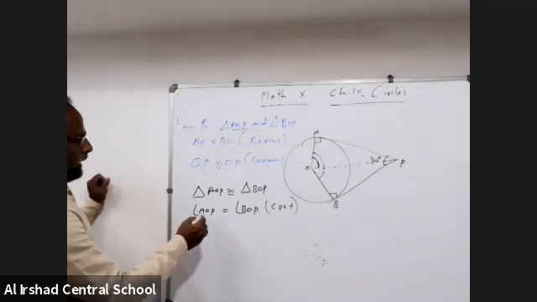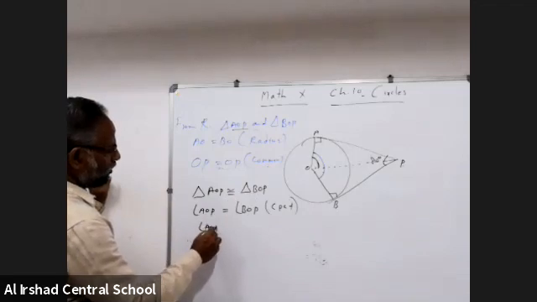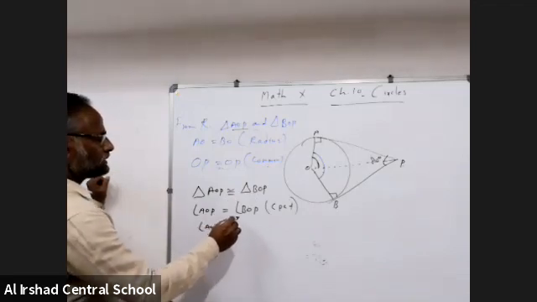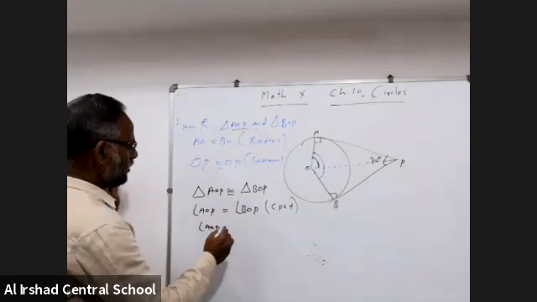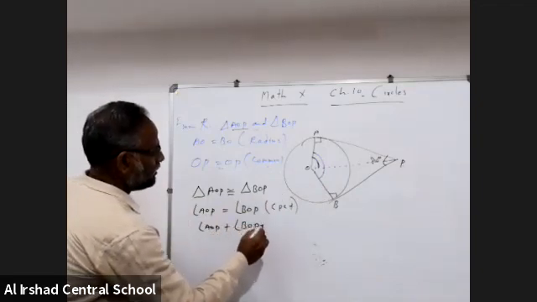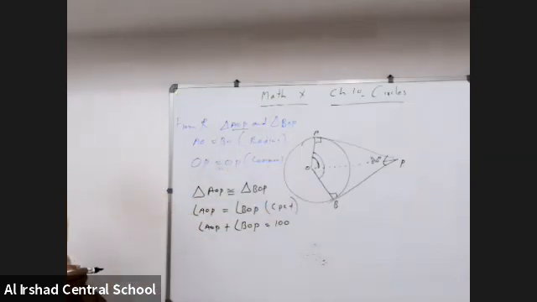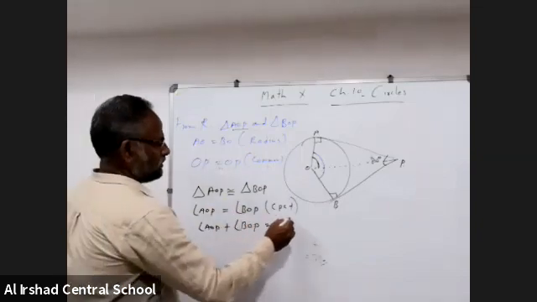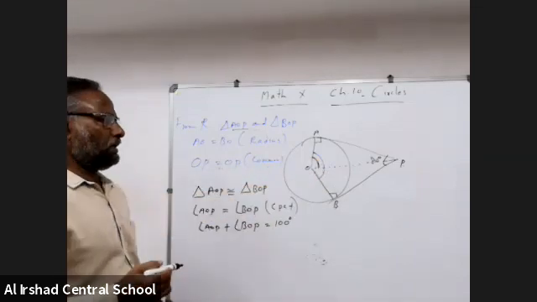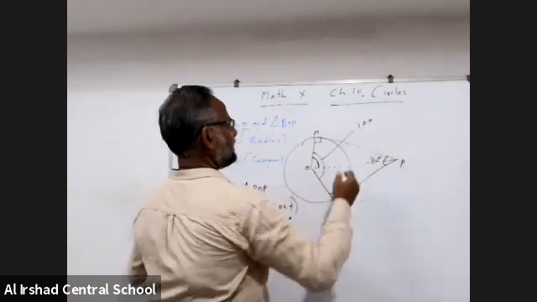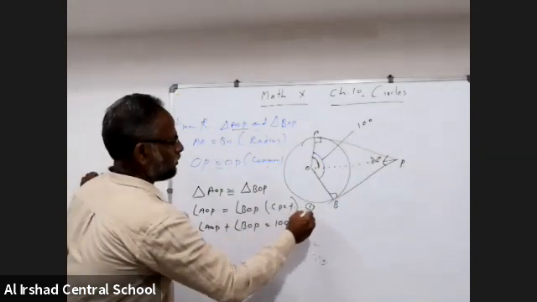So angle AOP plus angle BOP is equal to 100 degrees. That is equation 1.